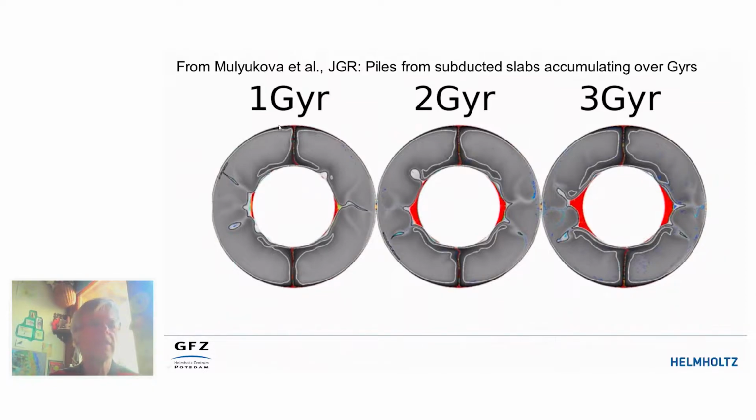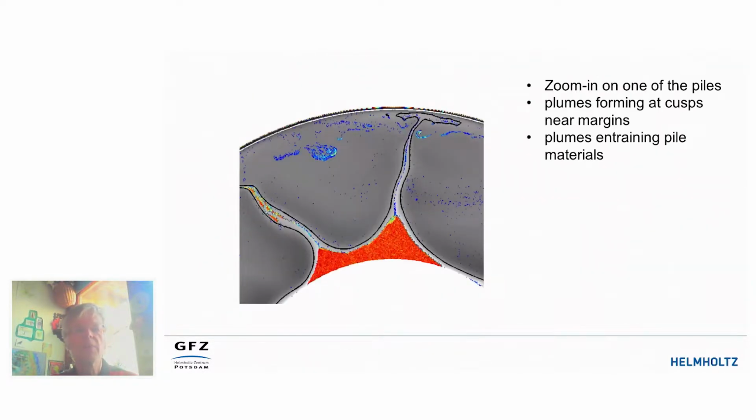When you look in detail at the slabs going down, part of the slab is crust, and at the base of the mantle, this crust tends to get separated from the rest of the material because it's heavier, and tends to partly accumulate in piles. And over 3 billion years, you can accumulate enough material to generate the size of the large low shear velocity provinces.